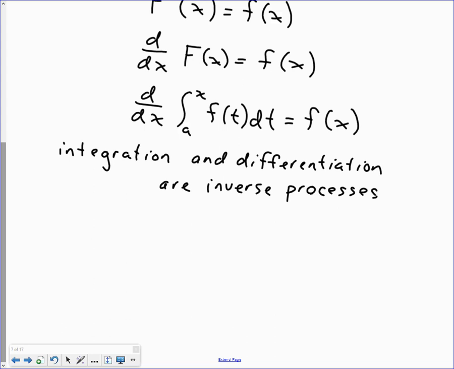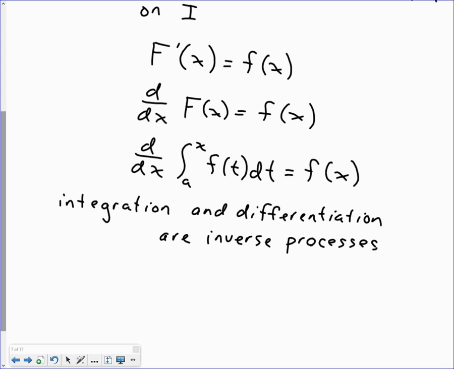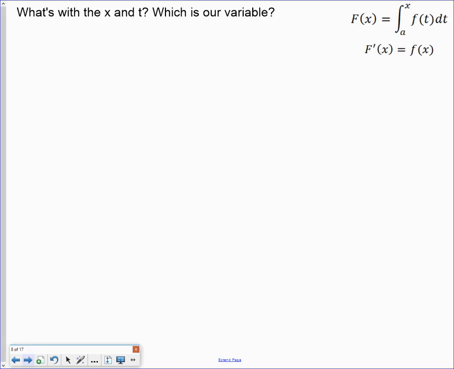Okay, one last thing before we get to some examples here. What's with the t? Why did I suddenly throw a t in there? This is the way that the first part of the fundamental theorem is usually written.